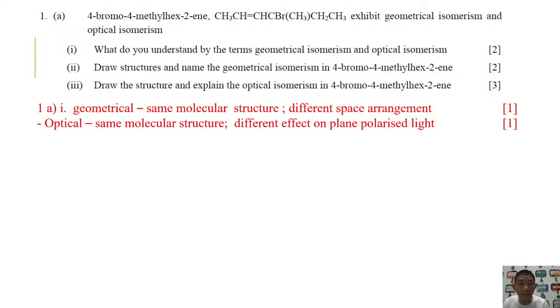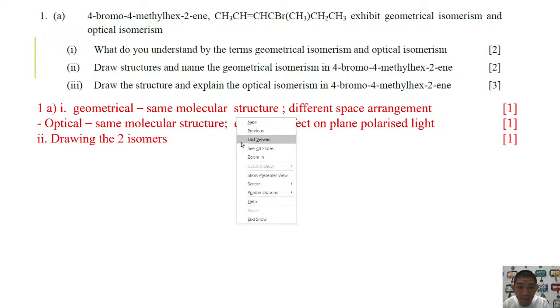You should state that geometrical isomers are isomers that have the same molecular structure, okay, same molecular structure, but different arrangement in space. Same molecular structure, but different arrangement in space, okay? This is a very important keyword for the definition.